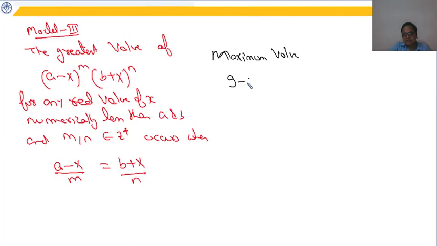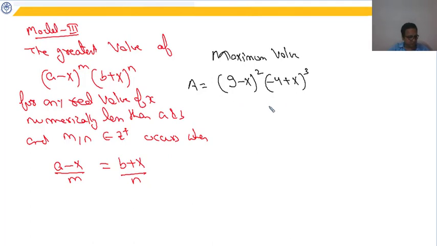The expression is 9 minus x whole square into 4 plus x whole cube. We have to find the maximum value of this expression. m is equal to 2 in this case, n is equal to 3 in this case.